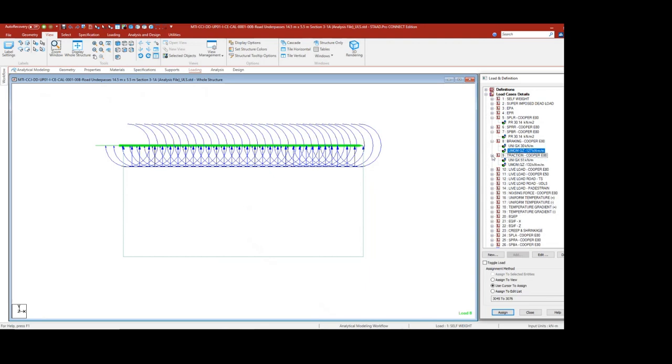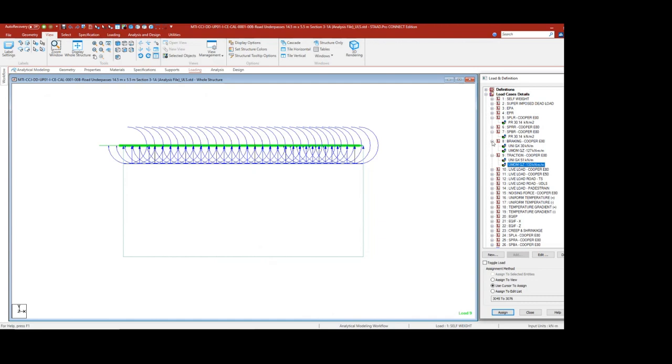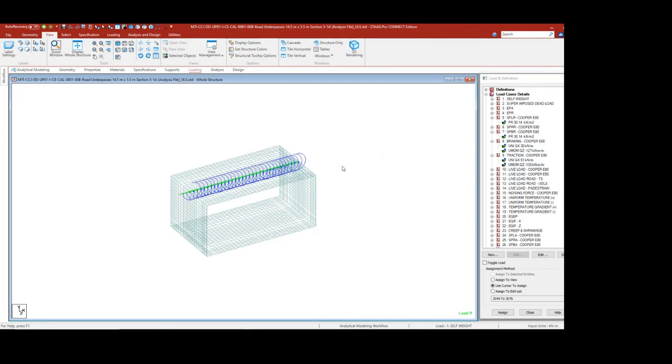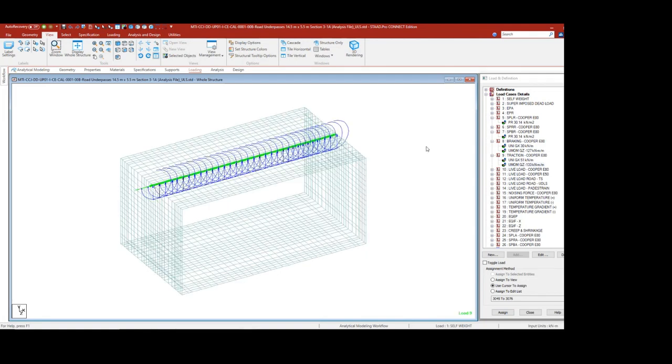Similarly the traction force; just remember braking force and traction force are opposite. Here there is a single track, so there is no need to take two directions. If two tracks are there, then in one track you have to apply the braking force like this, and in the other track you have to apply the braking load like this. This will create some twisting moment also, which we need to take care of in design.